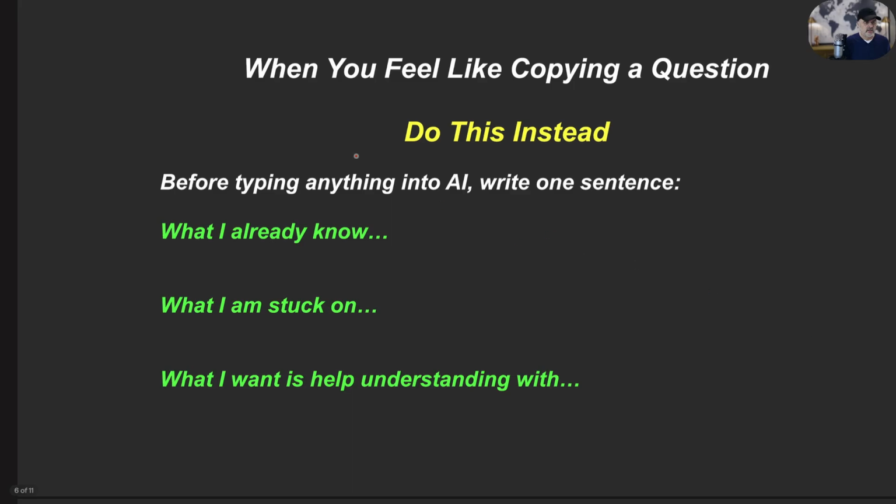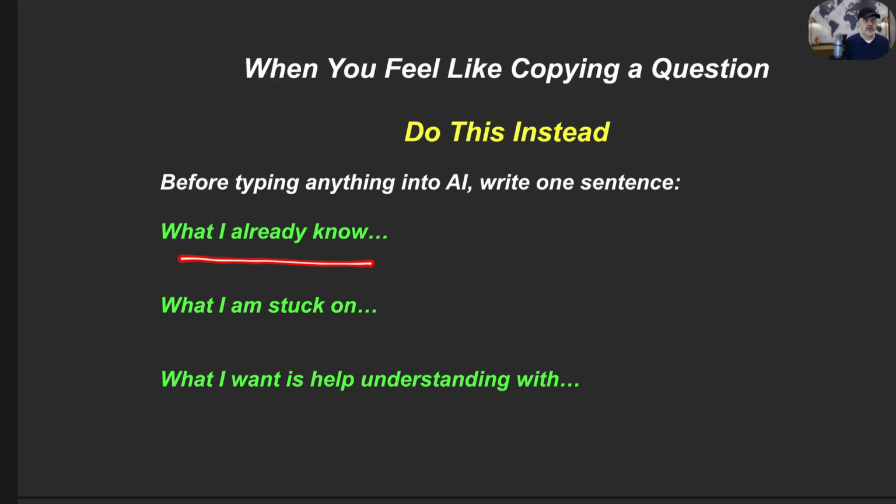Oftentimes we like copying questions and pasting them, but then the machine gives you a very general response, and often it is not the one you were looking for. So before you start typing anything into AI, you have to build some context into it.